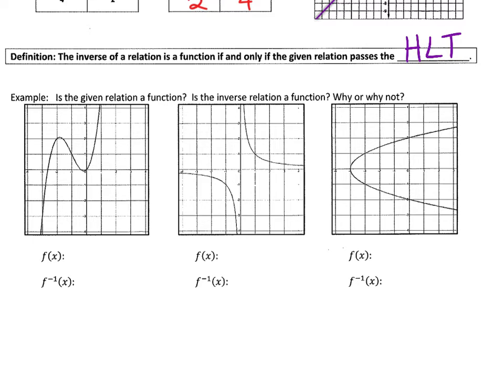Yeah, so we'd say yes, it is a function for f of x. But now we can answer the second question, which is, is the inverse a function? No, because if I drew a horizontal line right here, it would touch the graph like 3 times. This does not pass the horizontal line test, so its inverse is not a function.